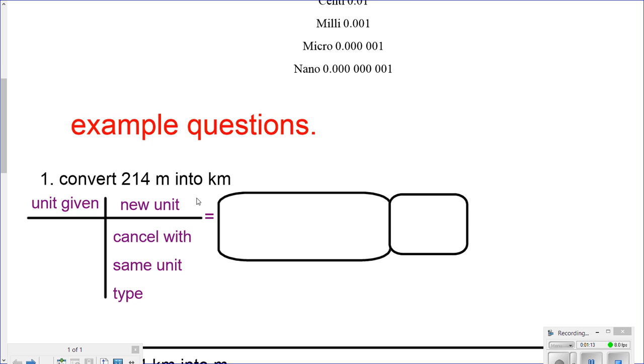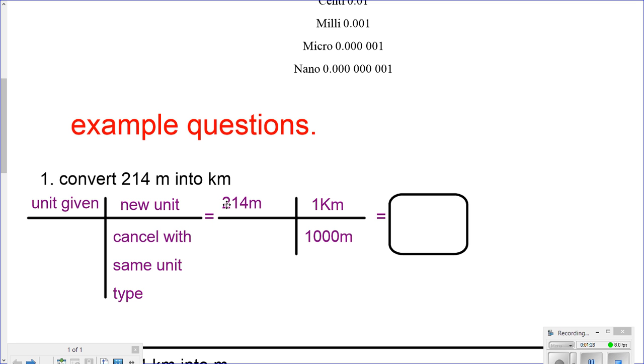Question says, convert 214 meters into kilometers. Like we said, anything given goes here. Oh, sorry, I'm given 214 meters, right over here. I need to cancel with the same type of unit, which is meters.